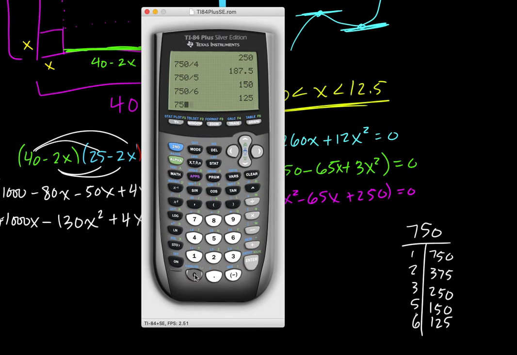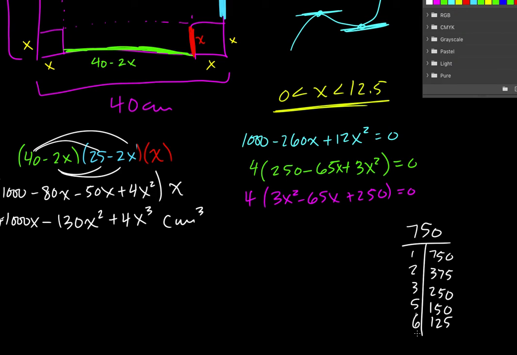All right, 750 divided by 7, don't think that'll work. 750 divided by 8, 750 divided by 9, 10 won't work. 11, 12, let's see, are we getting close? No. Let's try 15. So 15 and 50.